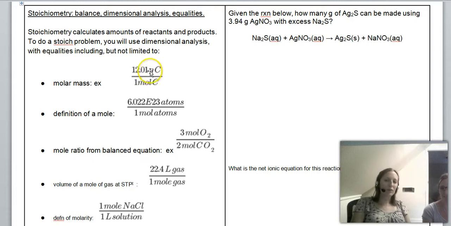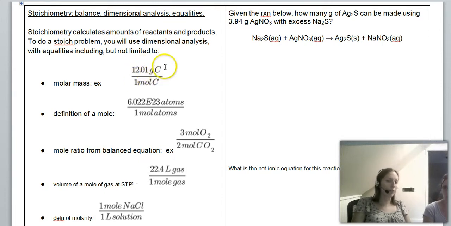So, for example, this here is a molar mass equality, and what it does is it makes a true statement about the molar mass of something. What this is saying is that every time you've got 1 mole of carbon, you have 12.01 grams of carbon. They're the same thing, so they are equal.